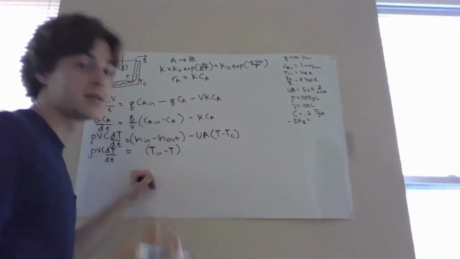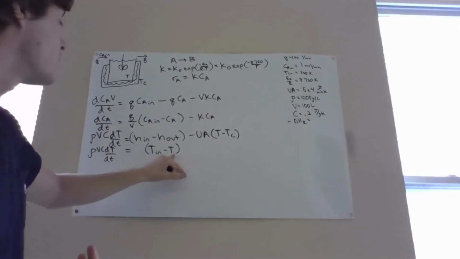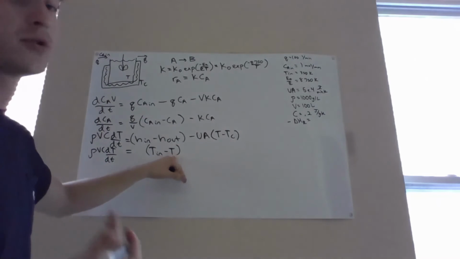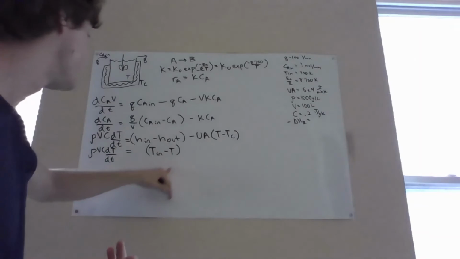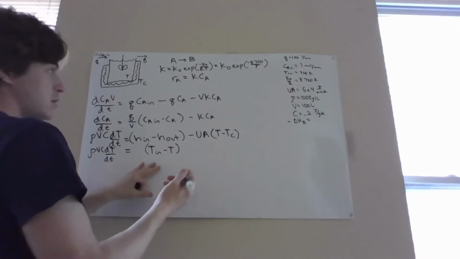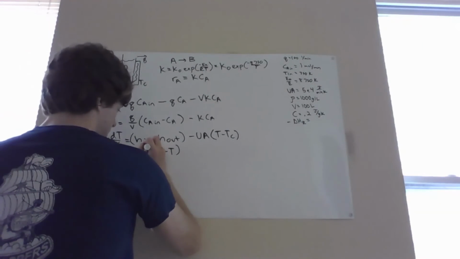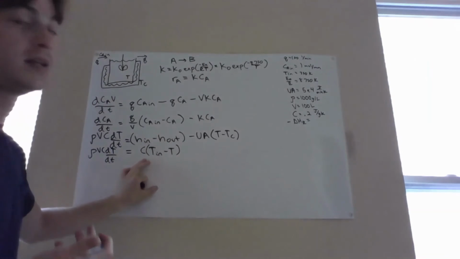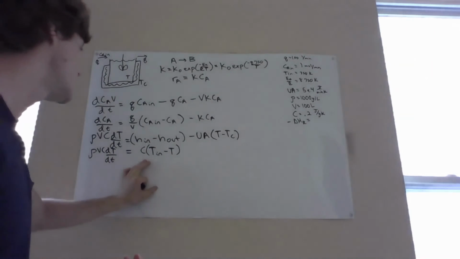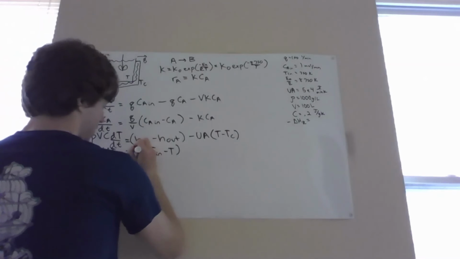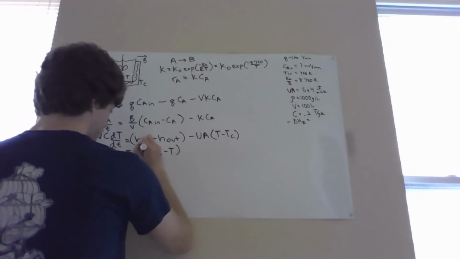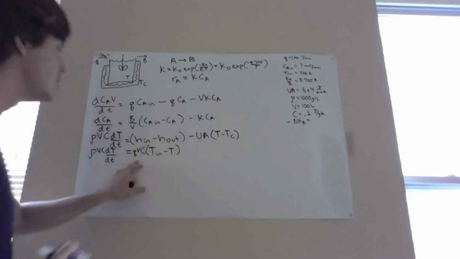And since it's a constantly stirred tank, the temperature in the tank and the temperature leaving the tank will be equal. So now we can multiply this by our specific heat capacity, and again it needs to be on a per mass basis. And so we will multiply our flow rate by the volume of the tank to get it on a per mass basis.